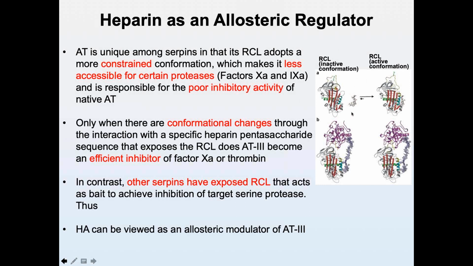An allosteric effector. Because binding of the heparin leads to what? Activation of the antithrombin, okay, in order to be able to bind to the thrombin. So this is acting as an allosteric effector. Other serpins, they are already activated, so they are able to do what? Bind to thrombin. Okay, they are able to bind to thrombin or other proteases.